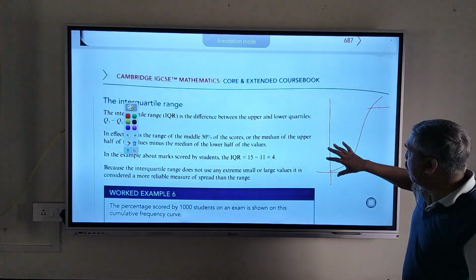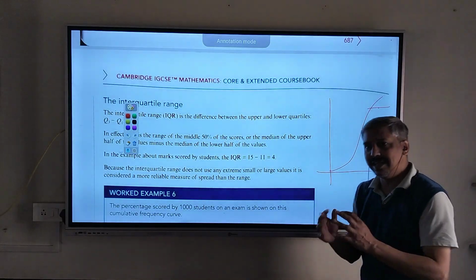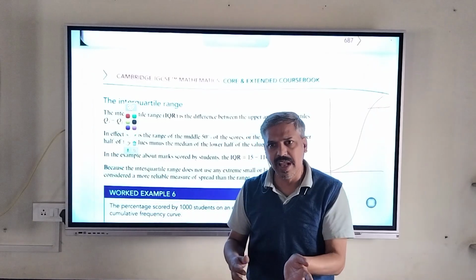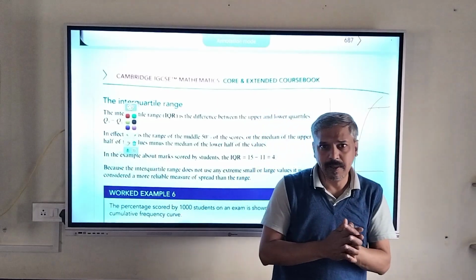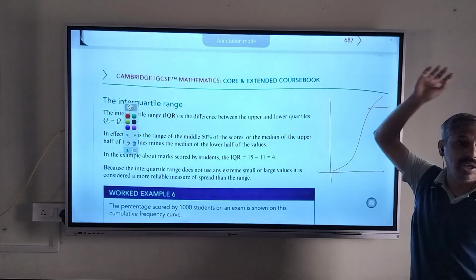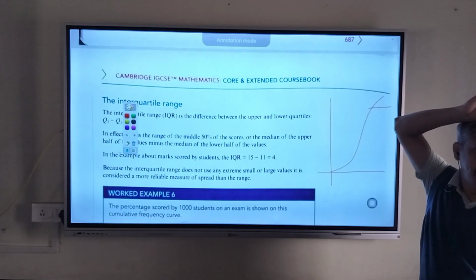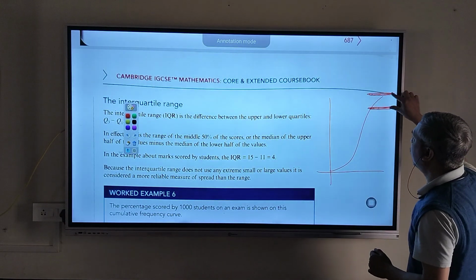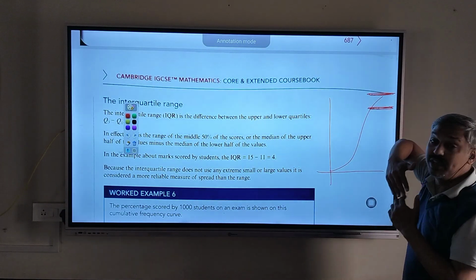So if most of the families are earning, let's say, 50 lakh to 1 crore rupees every year, there are 4 families who are earning more than 10 crore every year. Now on this graph, the highest ones will come here, but these values are just too high.